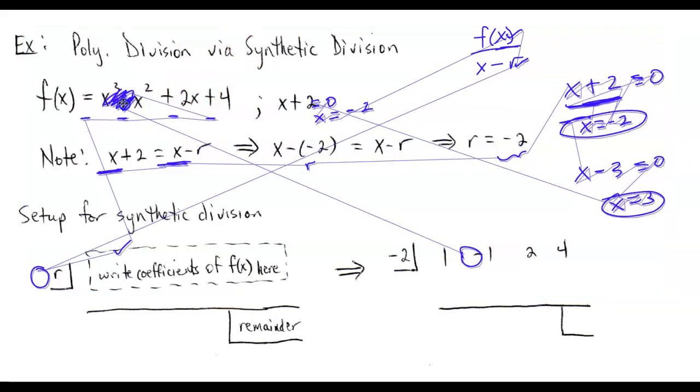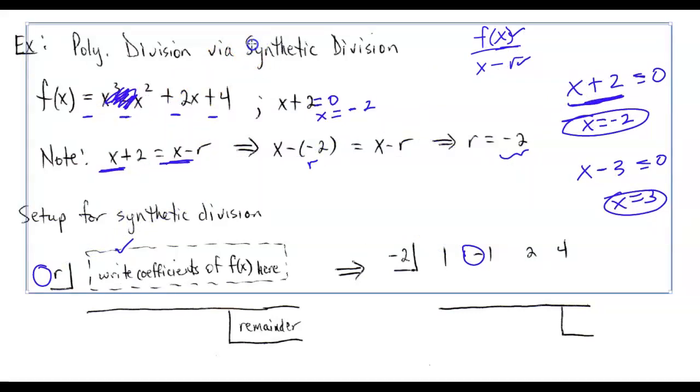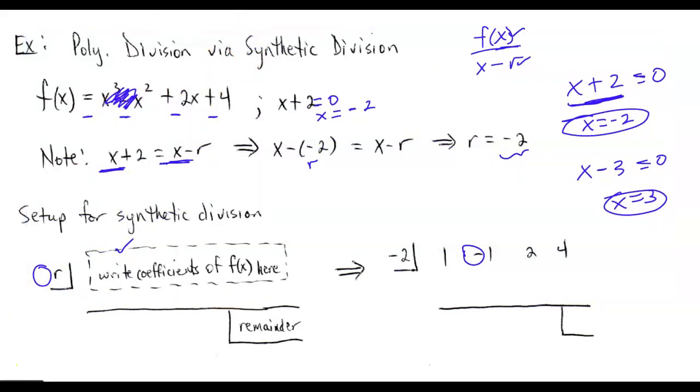All right, so let's see if I can get rid of all of this. All right, so we see that we have all of our coefficients here. So we have the 1 for the x cubed, the -1 for the x squared, the 2 for the x, and the 4 for the constant terms.